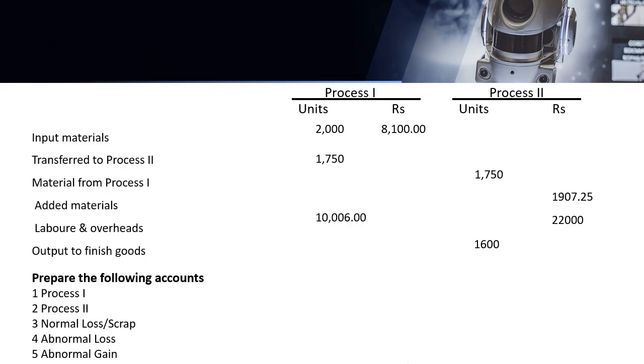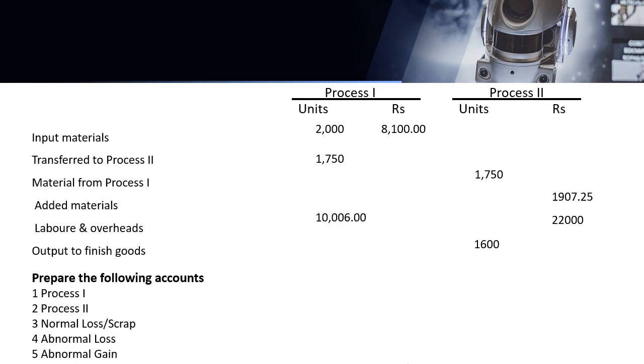Relevant information for period Y is given below. Process 1 shows input material 2000 units and 8,100 rupees. Transferred to process 2, 1750 units. And labor and overheads 10,006 rupees.